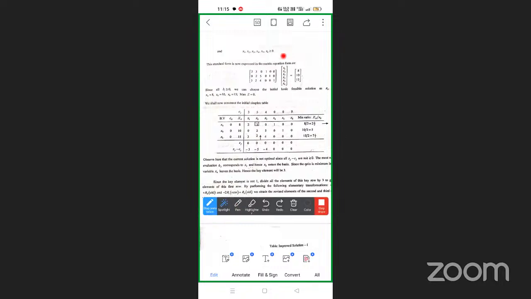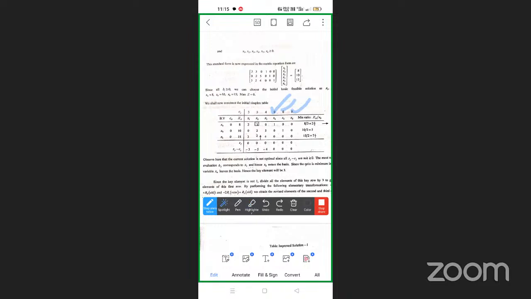Now the simplex table. First we write the basic variables, which are x4, x5, x6. CB is 0, 0, 0, because in the first simplex table CB is the objective function coefficients of the basic variables x4, x5, x6.